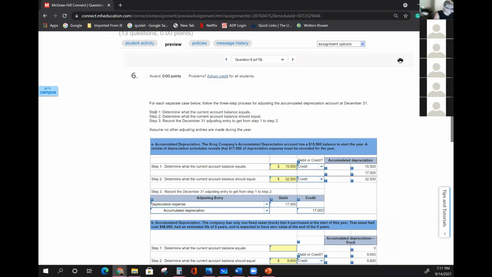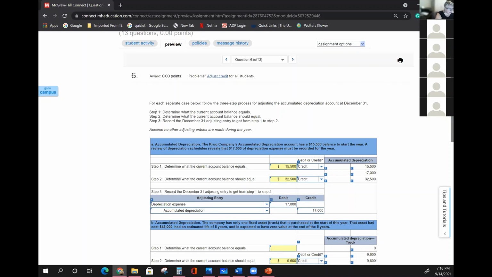Okay, so this problem, we're looking at depreciation, and we went through an example already, talking about how we calculate how much needs to be expensed for the year. It also talks about what accounts to use when you do those journal entries. So for step 1, it says determine what the current account balance equals.